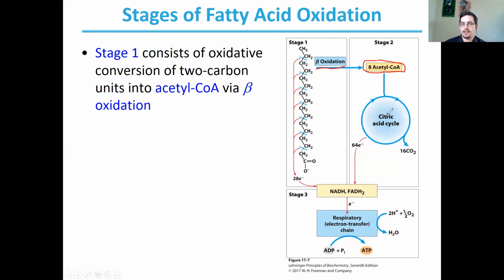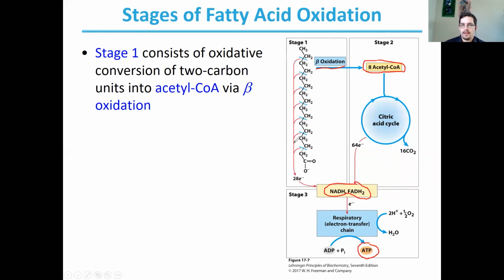Remember, the citric acid cycle also occurs inside the mitochondria as well. So we'll be able to immediately produce that acetyl-CoA and feed it directly into our citric acid cycle. The citric acid cycle, again, is going to be feeding our electrons, which will be carried by NADH and FADH2, into the oxidative phosphorylation, where we'll actually be producing our ATP.